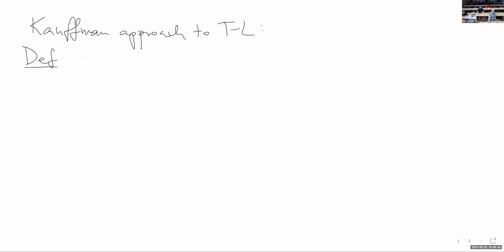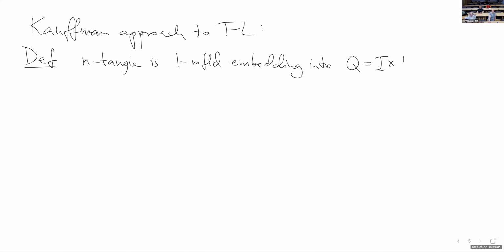So an n-tangle is an embedding of one-manifolds into a cube. What kind of embedding are we talking about?